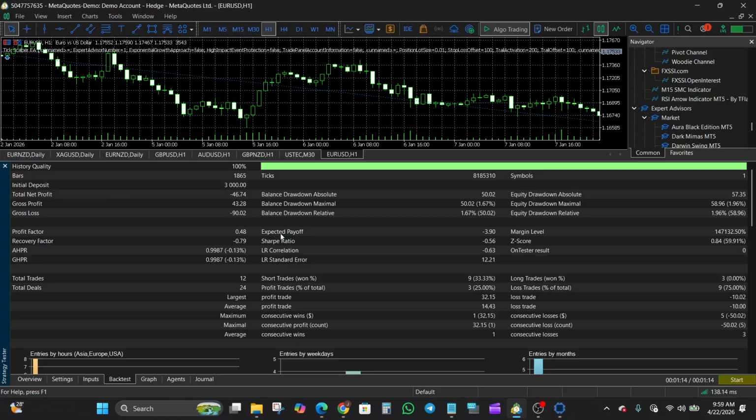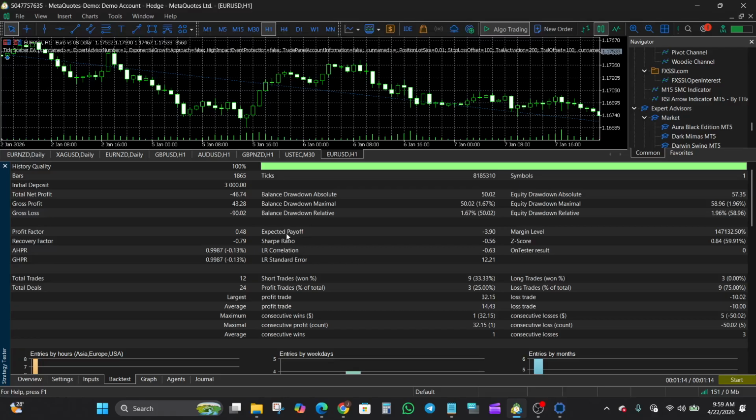Now, keep in mind that these are historical backtest results, so they are just for analysis, not a guarantee of future performance. You will want to look at things like the equity curve, the overall trade consistency, and drawdown levels.